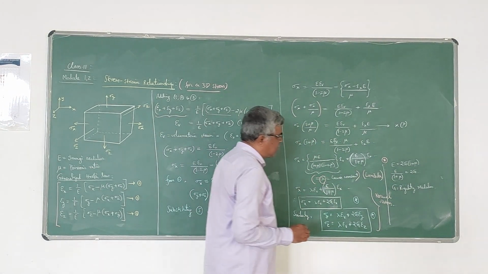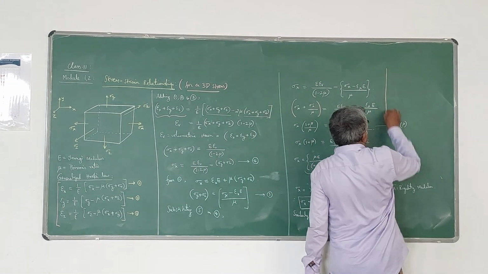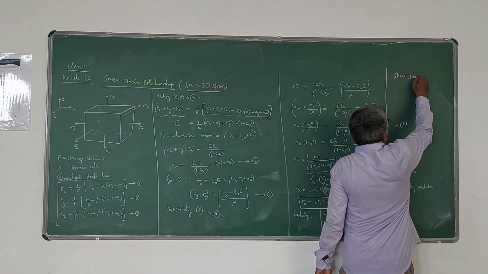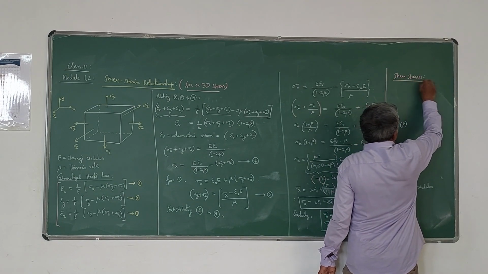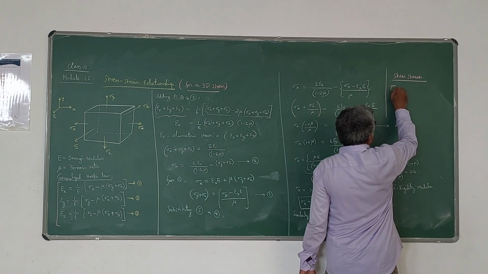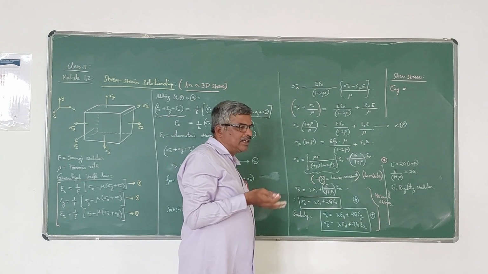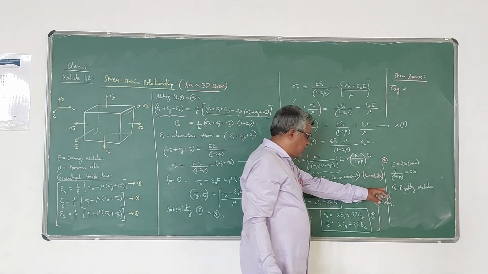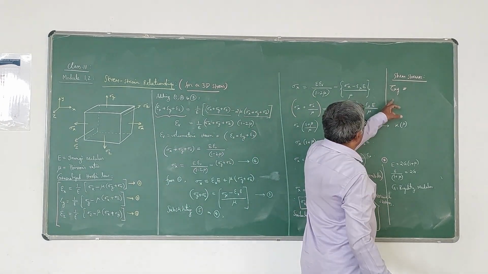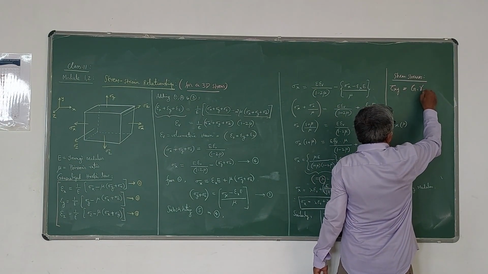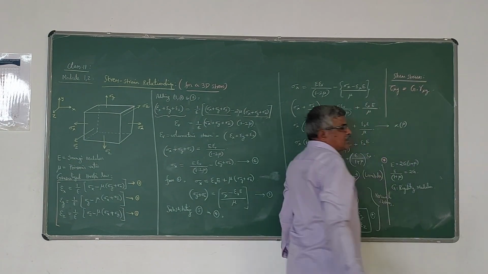Shear stresses are obtained like this. Within the elastic limit, we know that the ratio of shear stress to shear strain is the rigidity modulus. Therefore, tau xy will be the rigidity modulus multiplied by the shear strain, that is gamma xy.